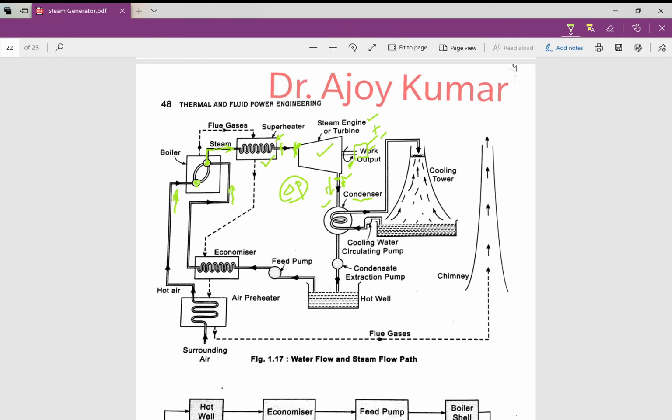So for condensation, we supply water from outside, maybe from your cooling tower.